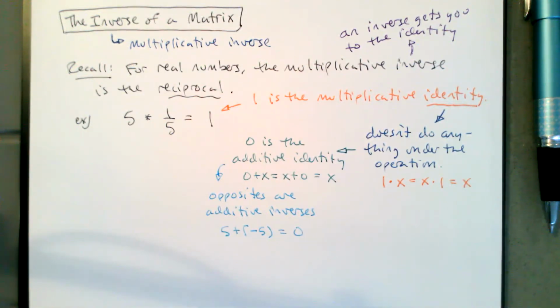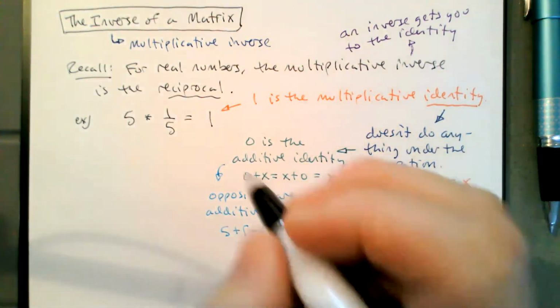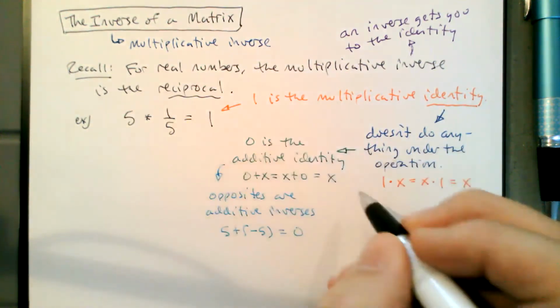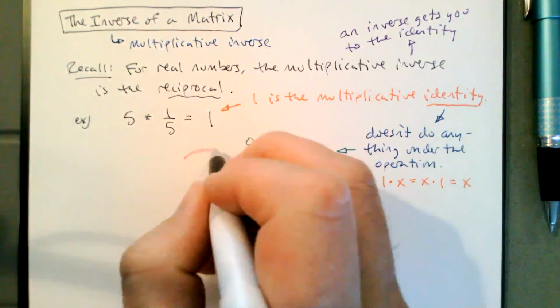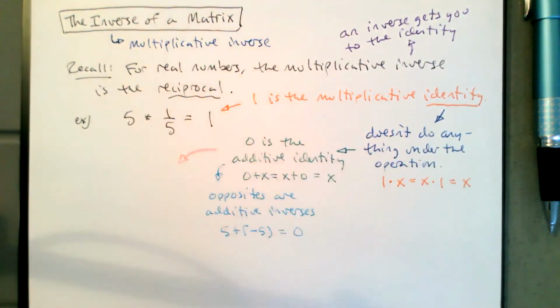An interesting and related fact is we should note that the additive identity does not have a multiplicative inverse. And this is true in general.